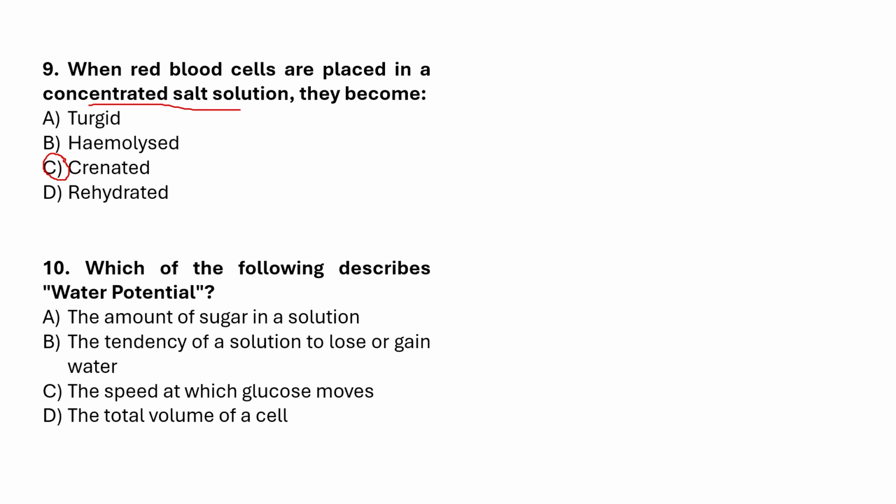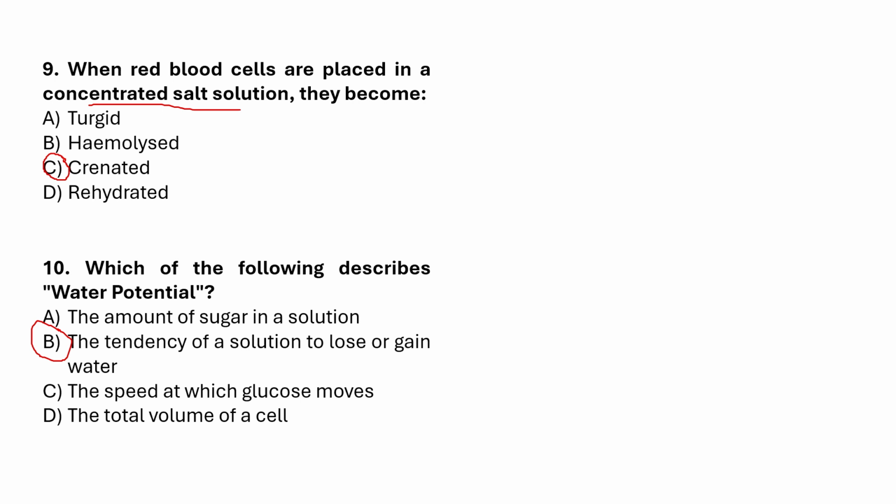Next question is, which of the following describes water potential? Recall the topic of water potential, then you will say the answer is B. Why? Because water potential is a measure of the free energy of water in a solution, and it determines the direction of water movement.